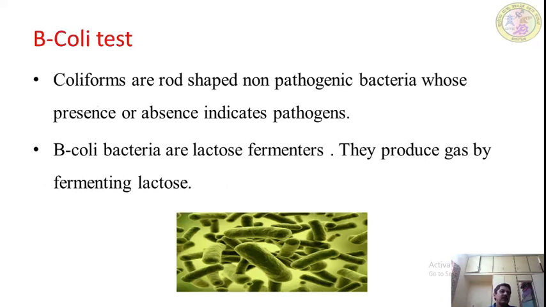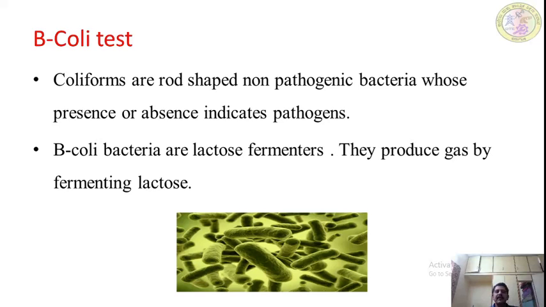So what we have done here is, we have taken different sets of samples, placed a culture media in them, and incubated them for one day at 37 degrees Celsius. If any bacterial colonies are observed, their total count is taken. That is the total count test.